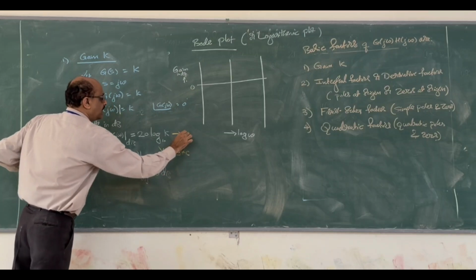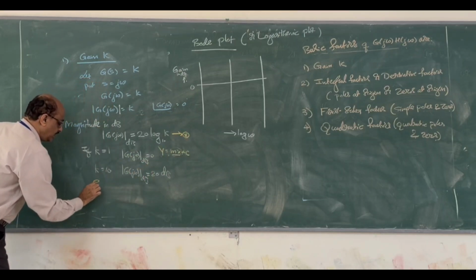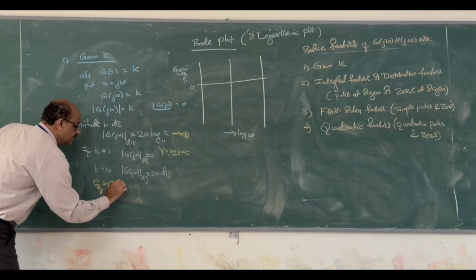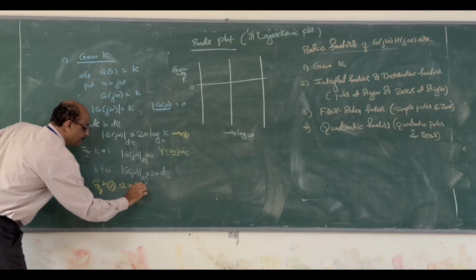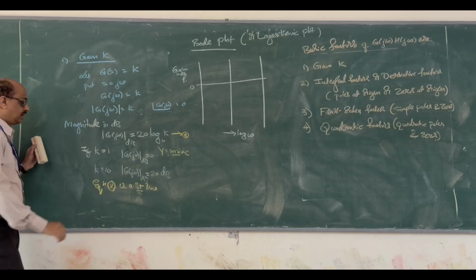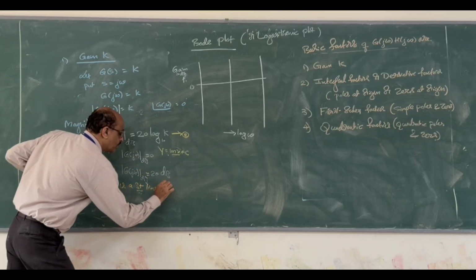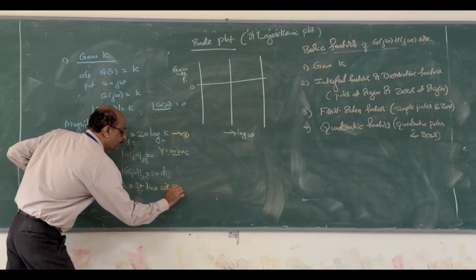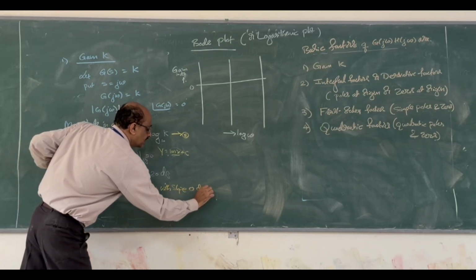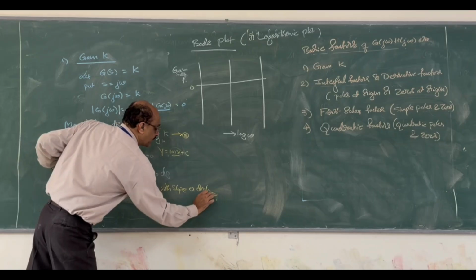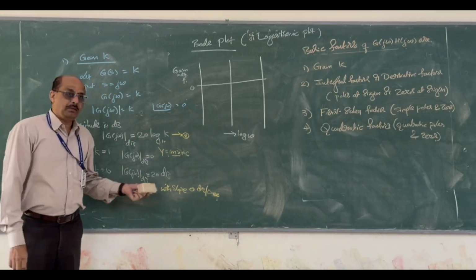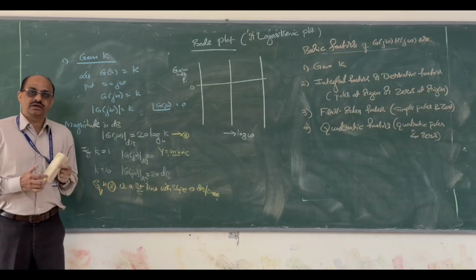So this represents a straight line. Equation 8 is a straight line with slope 0 dB per decade. I will tell you what this is. It is very important. Why is it 0 dB?